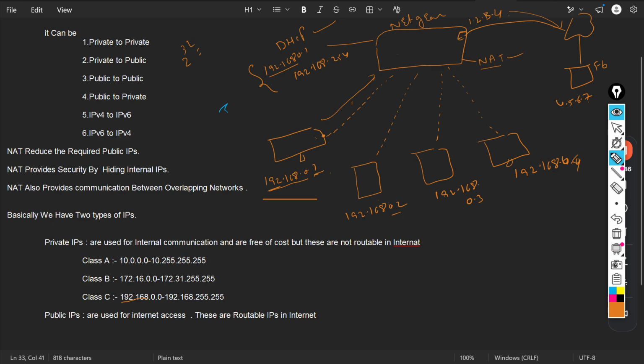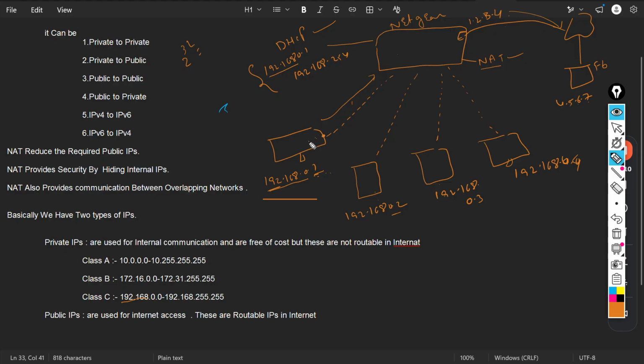So this is the purpose of the NAT. This NAT reduces the required public IPs. Still we are using private IPs here for devices. But I have only one internet connection. One internet connection means only one public IP. But I am using this public IP for all these computers. So internally these systems are using private IP.